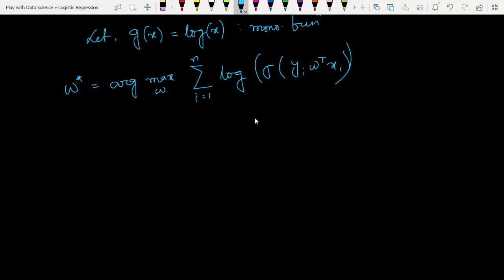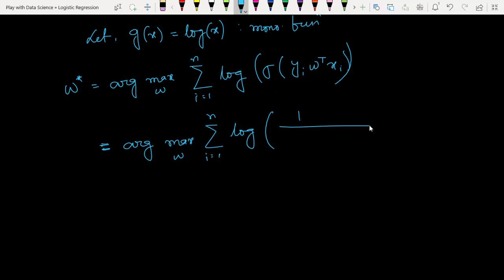So if we write it finally, what is this? The summation i equals 1 to n of log of 1 plus exponential of minus y i w transpose x i.